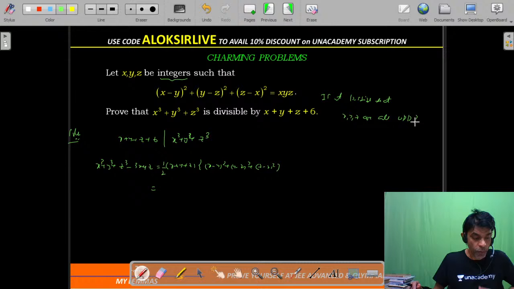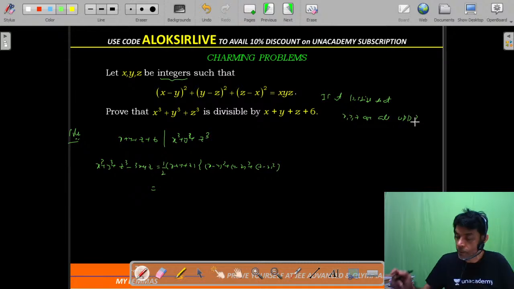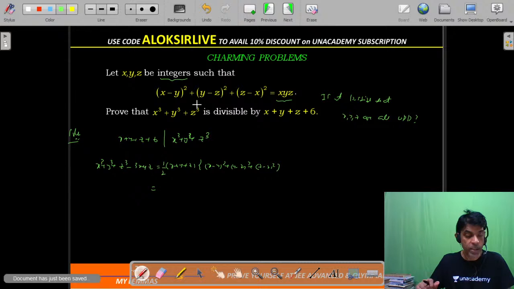Use some little number theory, small divisibility test. You will find not, because if they are all odd, then the right hand side is odd, but the difference of odd numbers is even, and so the left side is even. So contradiction. So they all cannot be odd. At least one must be even.